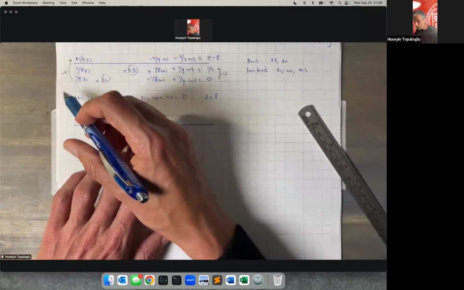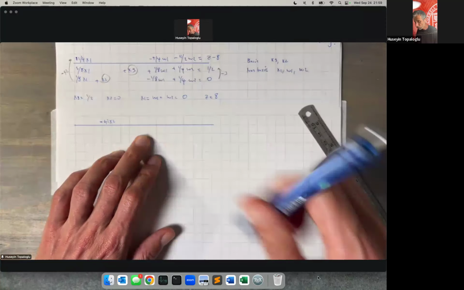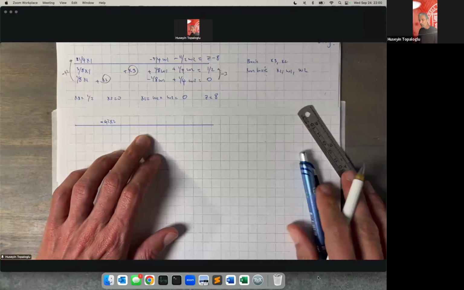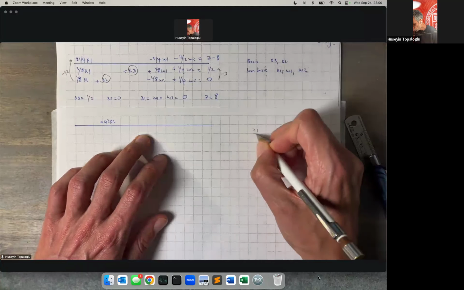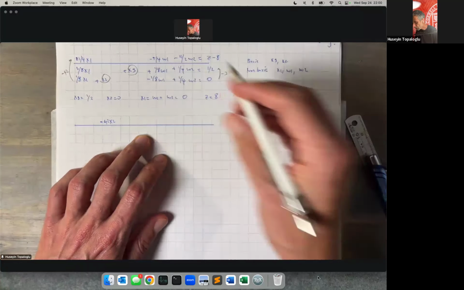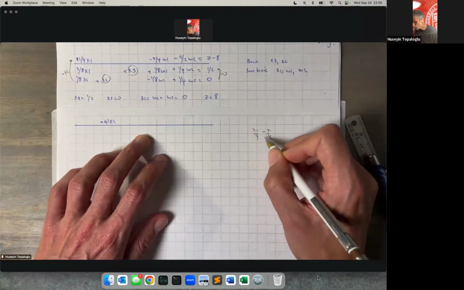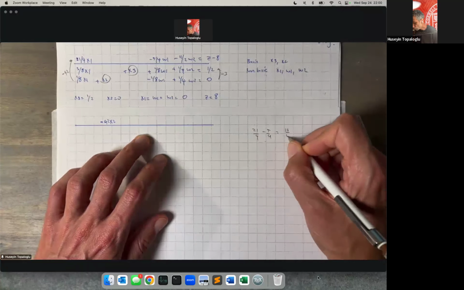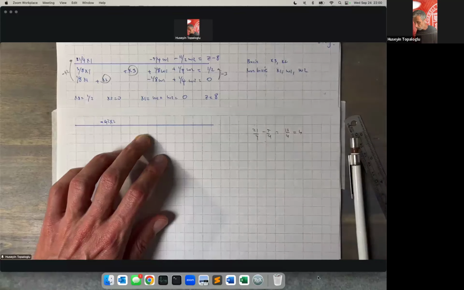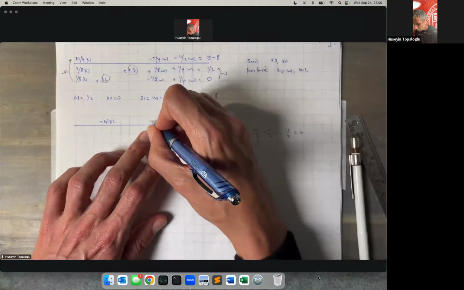Minus 1 over 8 times minus 42, that's going to give me 42 divided by 8, that is 21 over 4. That's another minus 5 over 4. 21 over 4 minus 5 over 4, w1. That's going to give me 16 over 4. That is a 4. 4 w1.